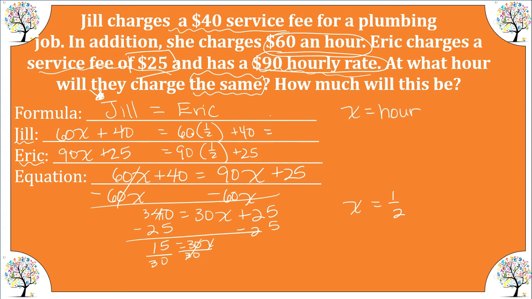Half of 60 is 30, and 30 plus 40 is 70. Here we have half of 90 is 45, plus the 25 does give us the 70. So you can see at 1/2 hour, they each charge $70. Before half an hour and after a half hour, one charges more than the other.